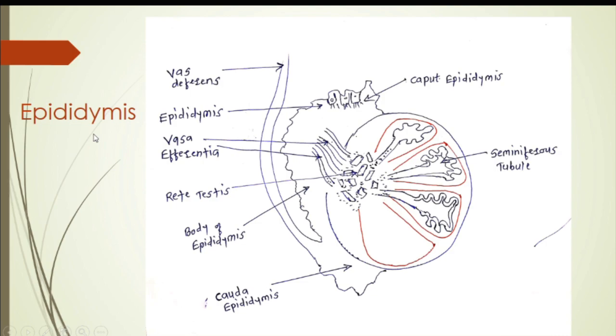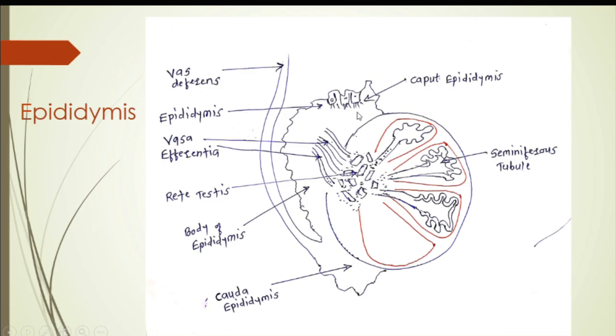About the epididymis, you can see over here. As we have seen, this is the testes, and this is the posterior surface of the testes. The epididymis starts from here, comes like this and ends over here.